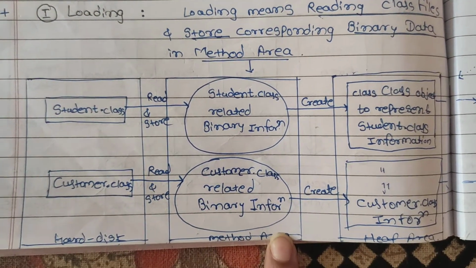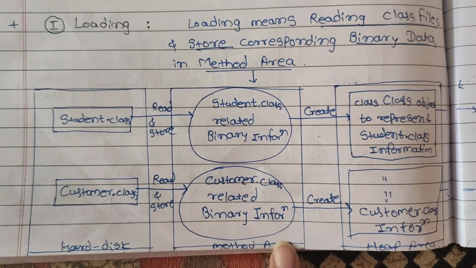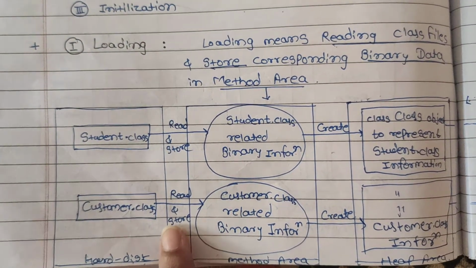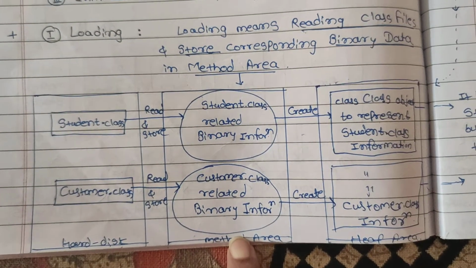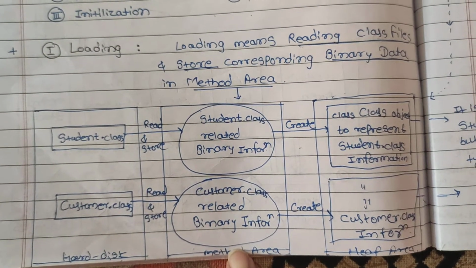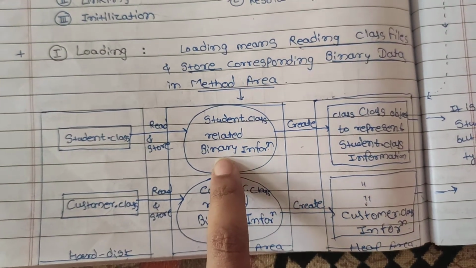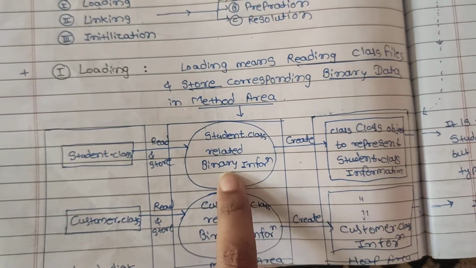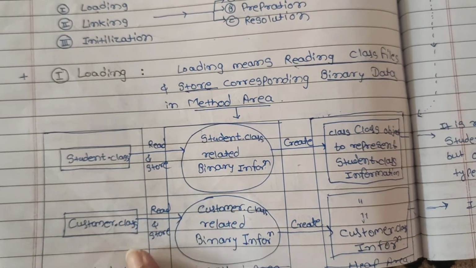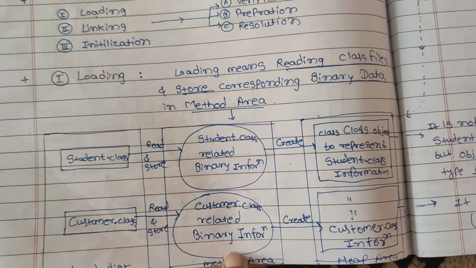So we'll see what information the class loader is going to store in the method area. What is this binary information? In detail we will see what binary information related to this student class or a customer class or any other class is going to be stored in the method area.